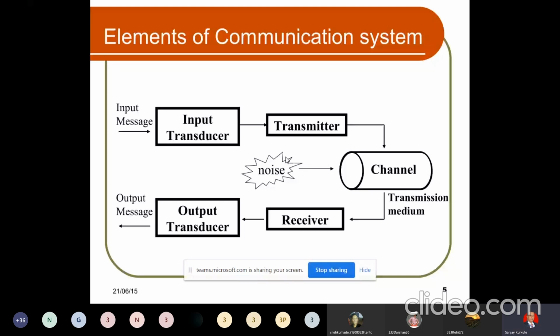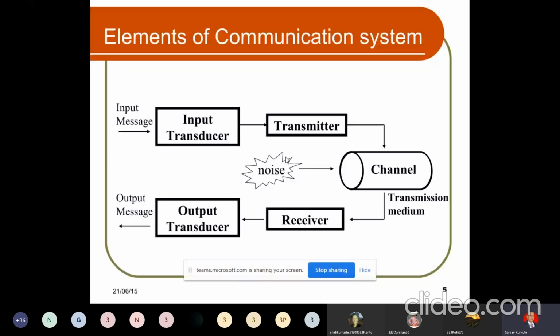And then we must have a transducer. I think we have covered this part in data acquisition system, which was the very first point we discussed: after the sensor there is the transducer part. The role of the transducer is to convert one form of energy into another.